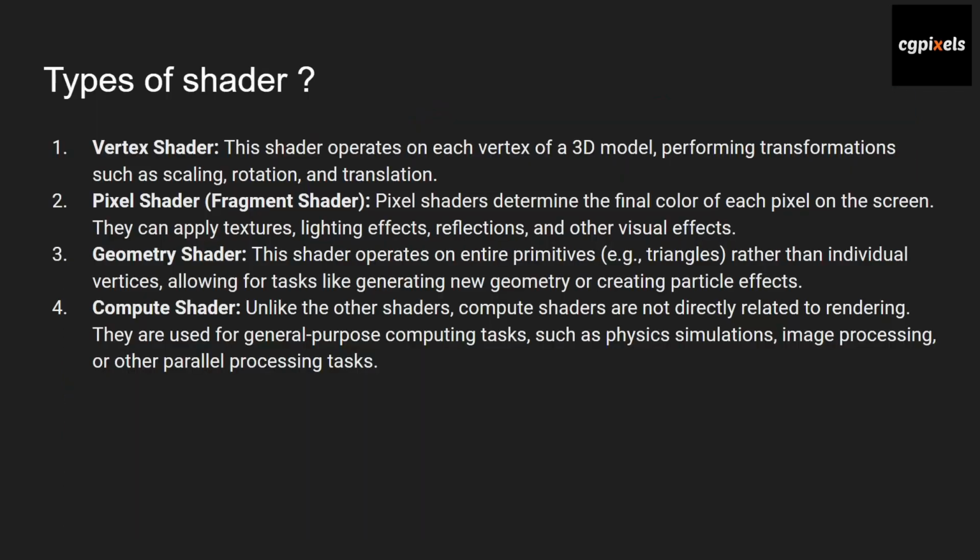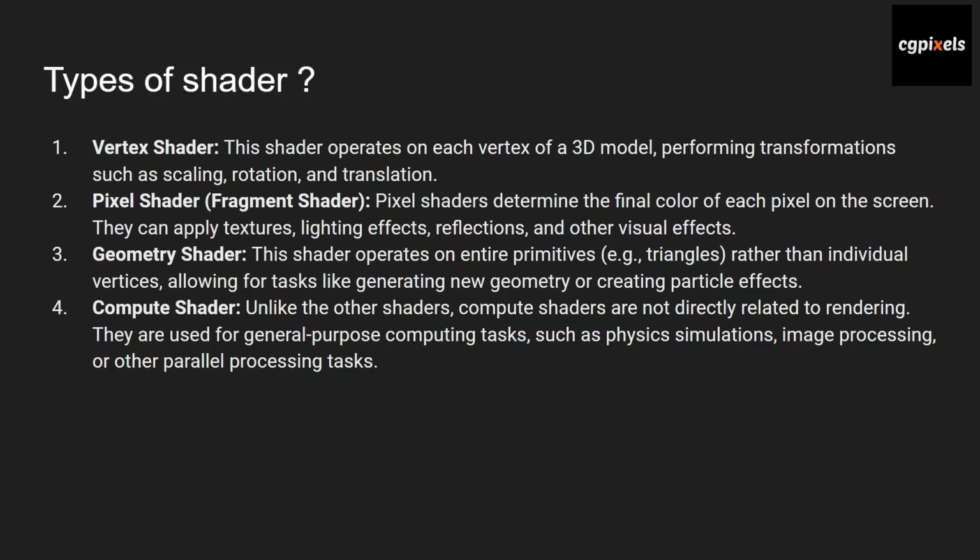There are a few types of shader. There is the vertex shader, which operates on the vertex, the smallest element in any 3D model. Then there is the pixel shader, which works on whatever pixels are getting rendered on the screen.